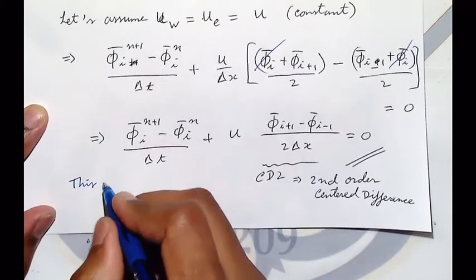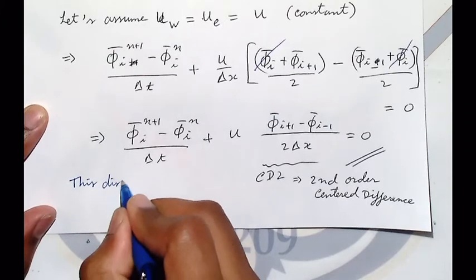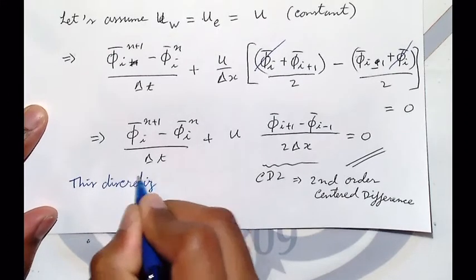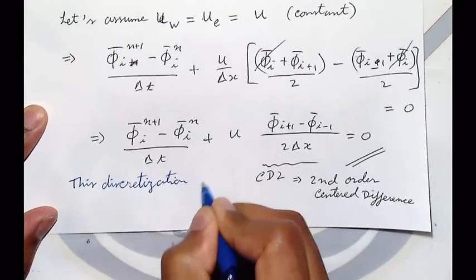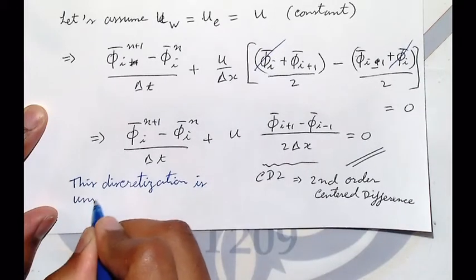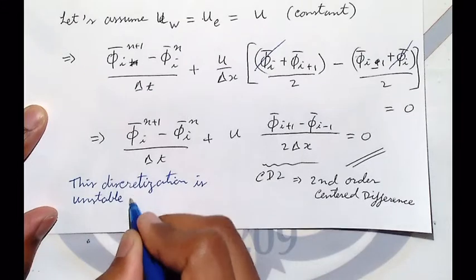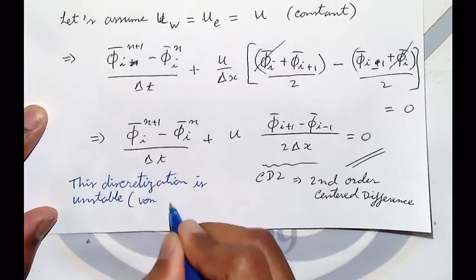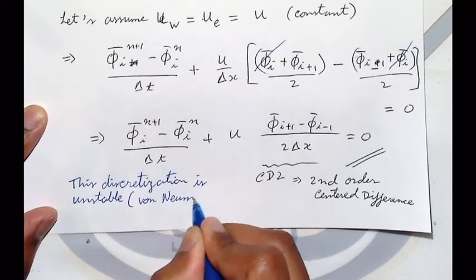This discretization is unstable. And again, you can do this von Neumann analysis that we talked about.